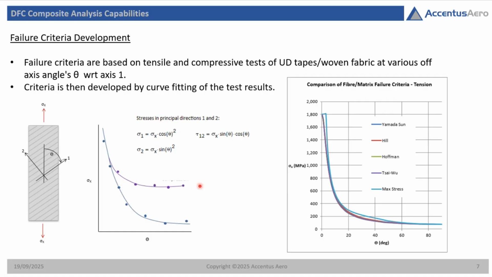With the failure criteria developments, they do curve fitting to predict failure at an applied stress at an angle. So this is what you get from the test, and then they typically do a curve fit with input parameters of your allowables and dimensions. These are typical Tsai-Wu, Hill, Hoffman, and max stress curves, and you can see that all of them are more or less the same. So that is typically how a failure criterion is developed.